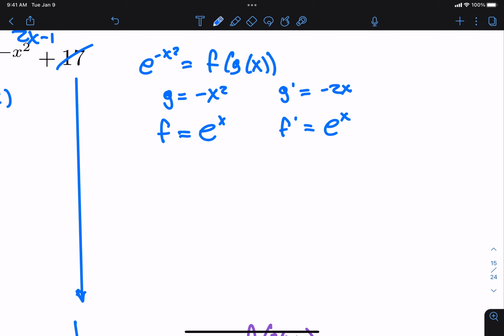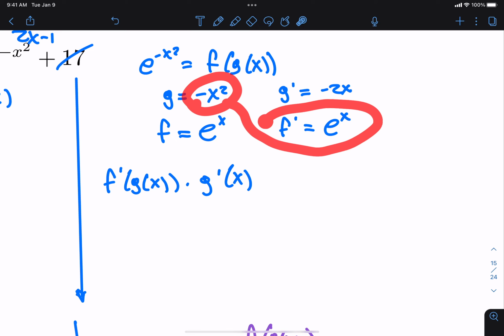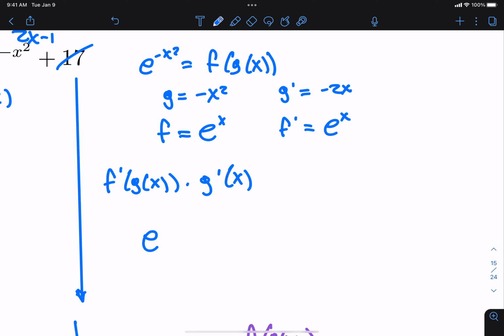So now I need to do f prime of g of x and then multiply by g prime of x. That means I take negative x squared and plug it into e to the x. That gives me e to the negative x squared. And then I multiply times negative 2x. So this matches that.